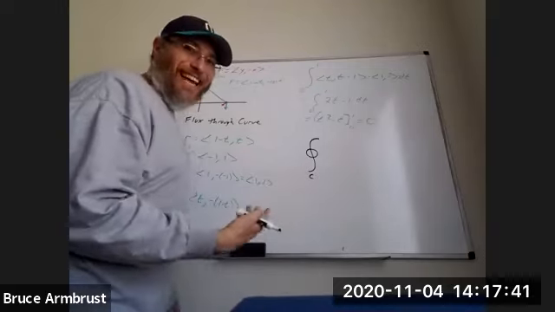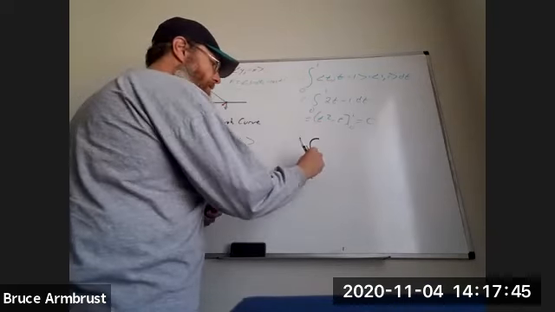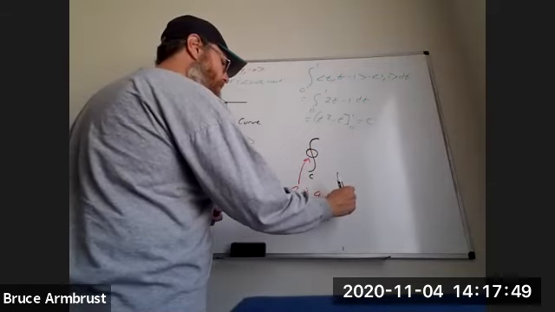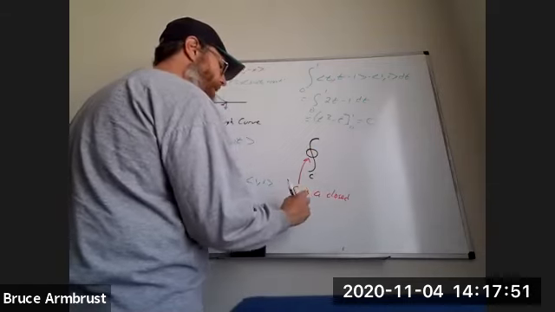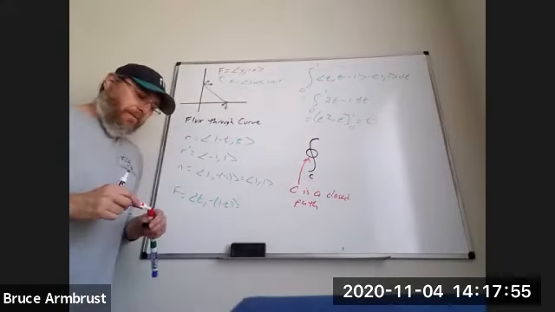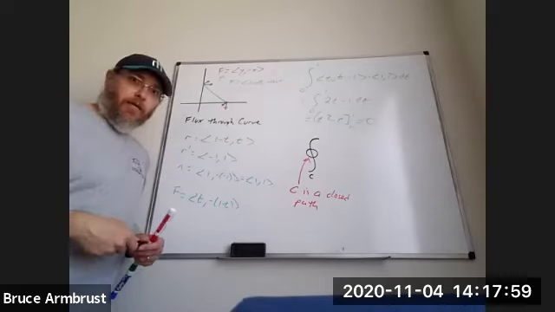And I think I hinted at this before, but anytime you see this kind of integral, this means that C is a closed path. I was going to write loop, but loop makes people think circles. And it doesn't have to be a circle, it just has to be closed.